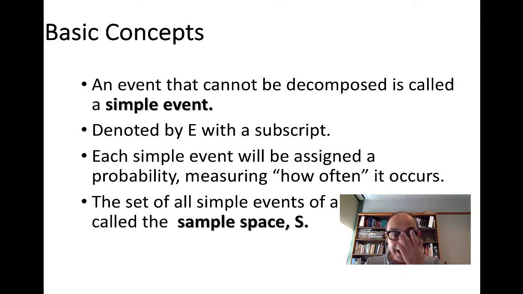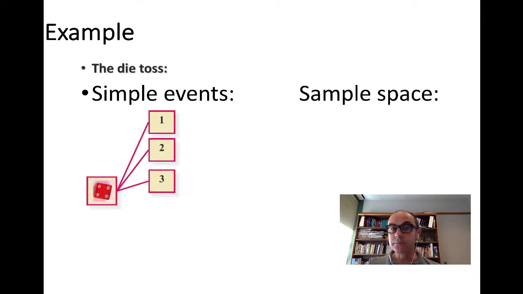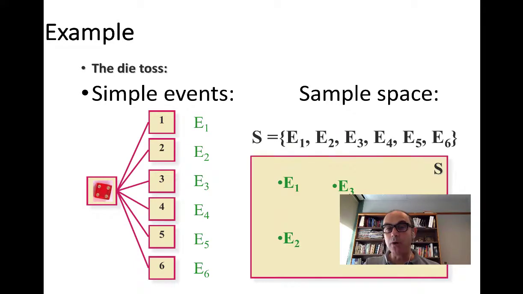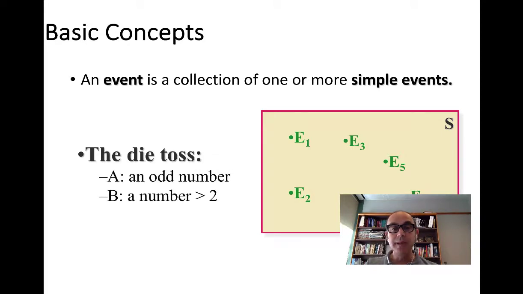The set of all simple events of the experiment is called the sample space and denoted by S. So again, simple event and sample space. I think this example gives you the idea of what is a sample space and what is a simple event.